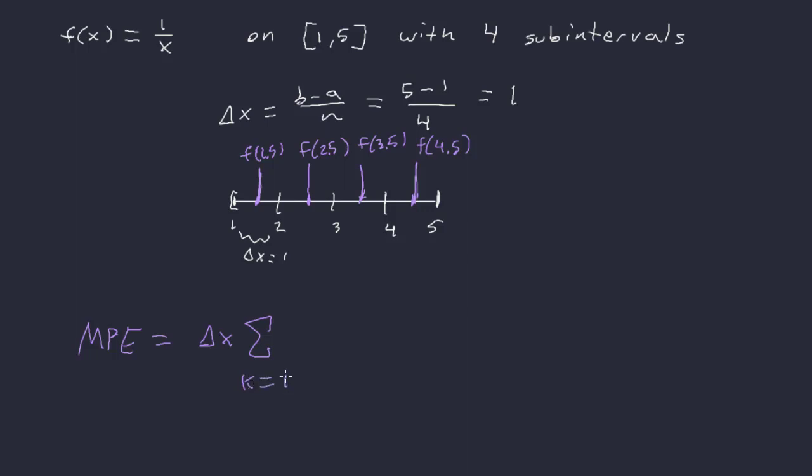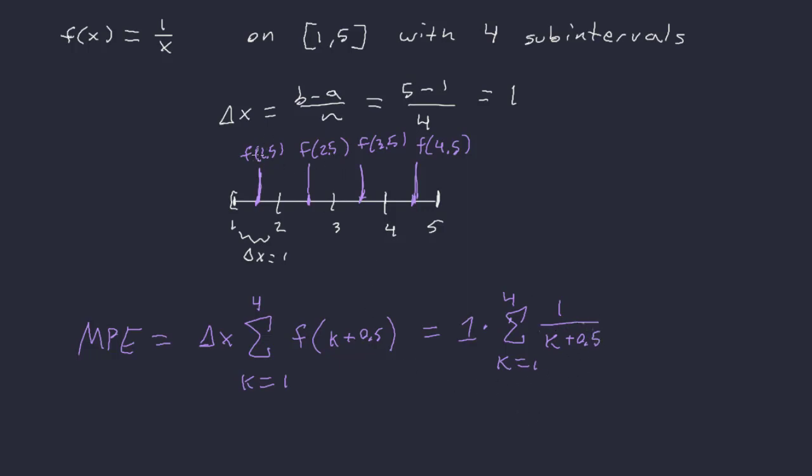But it's going to be k going from 1 to 4. And instead of just f of k, it's actually f of k plus 0.5. Right, so it'll be 1 times k going from 1 to 4 of 1 over k plus 0.5.